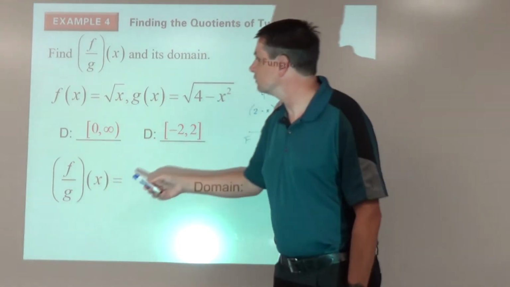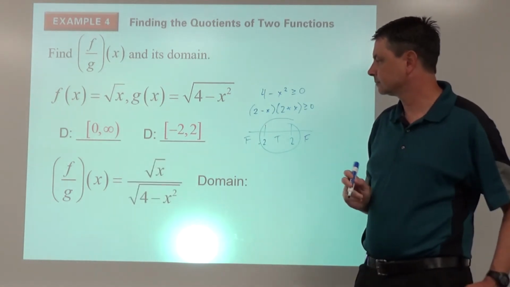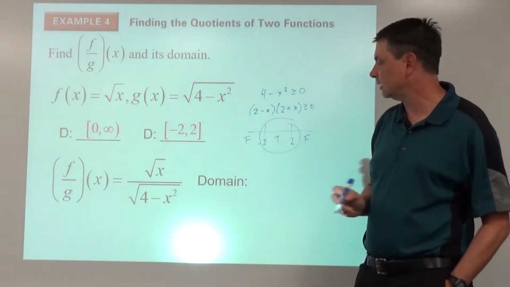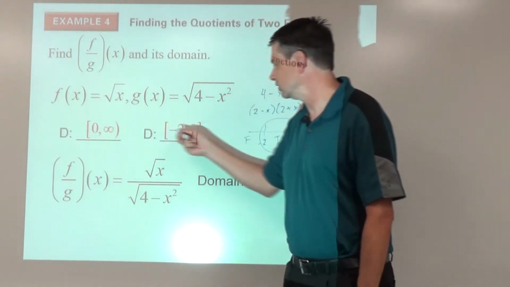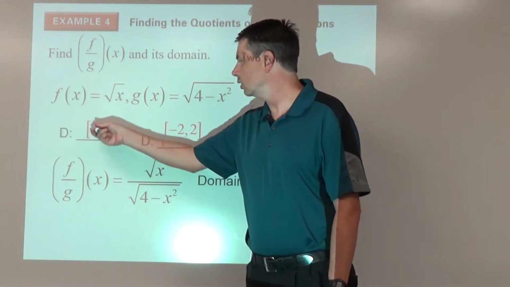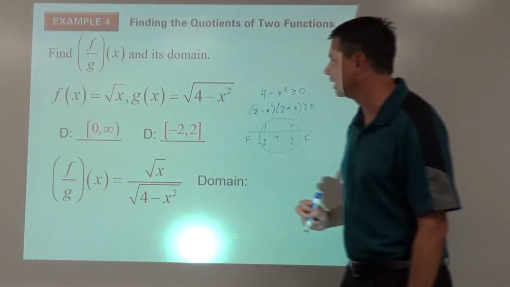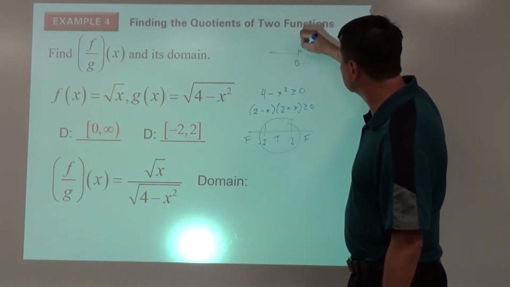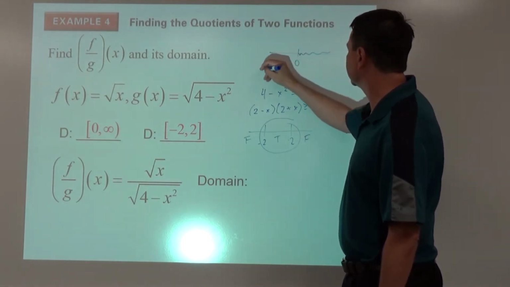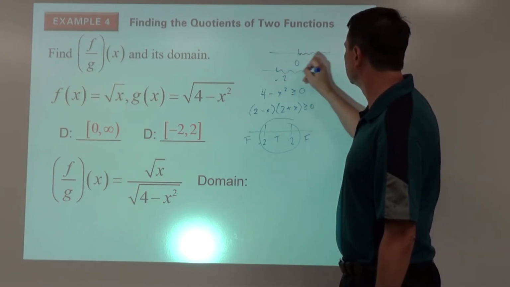So now the quotient function, f of x over g of x, is that. What's the domain? We've got to combine these two, so basically doing the overlap between these on the number line. So if we were to look at that, 0 and all of those, and -2 to 2, all of those.